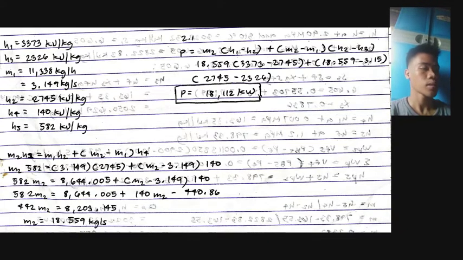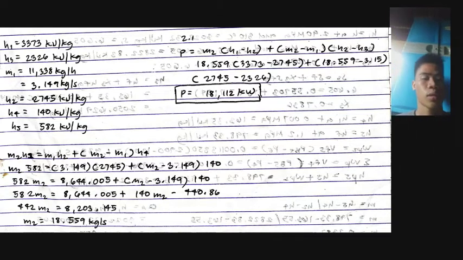The formula is M sub 2 H sub 2 equals M sub 1 and H sub 2 plus (M sub 2 minus M sub 1) times H sub 4.